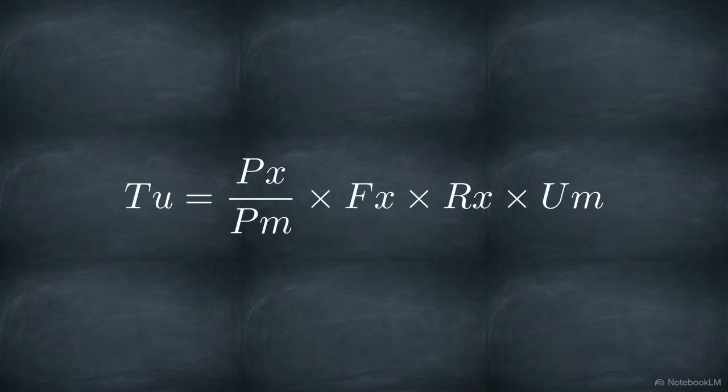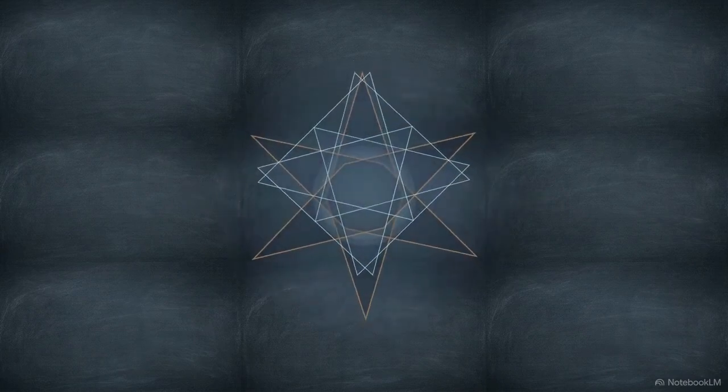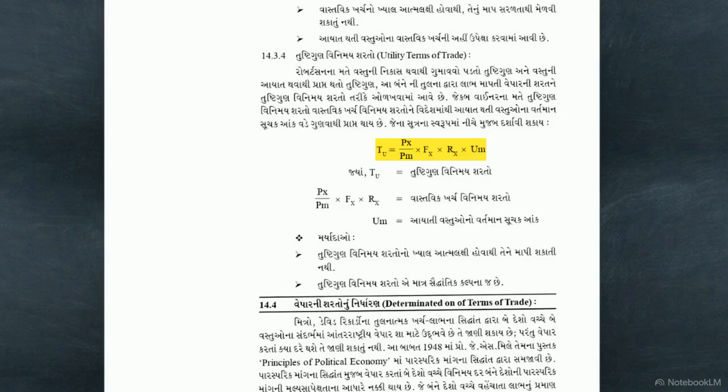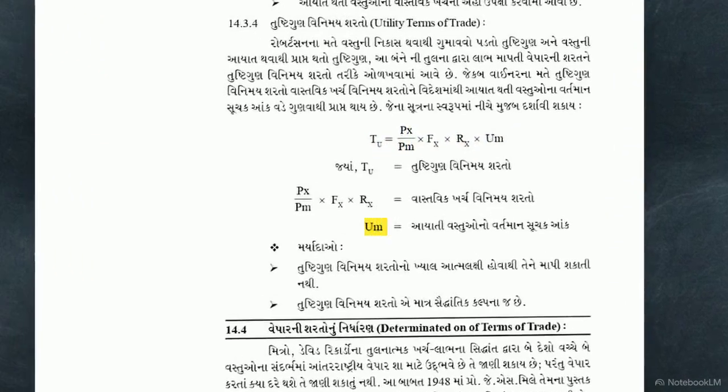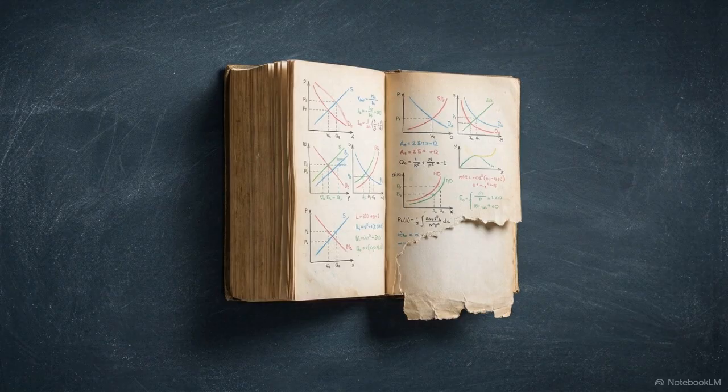The math reaches its absolute peak of abstraction with one final attempt to measure the sheer happiness gained from trade. The utility terms of trade pushes the formula to its limit. Look specifically at the variable, an index attempting to measure the subjective utility, the psychological satisfaction, of the imports a country receives. The textbook itself acknowledges a stark limitation here.